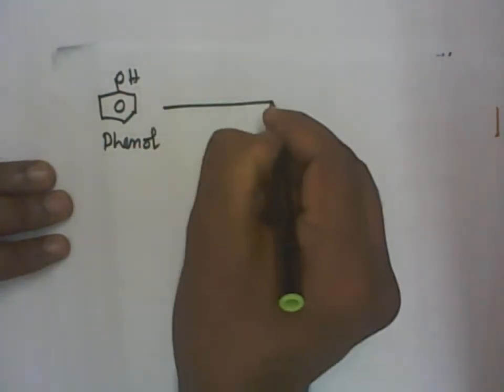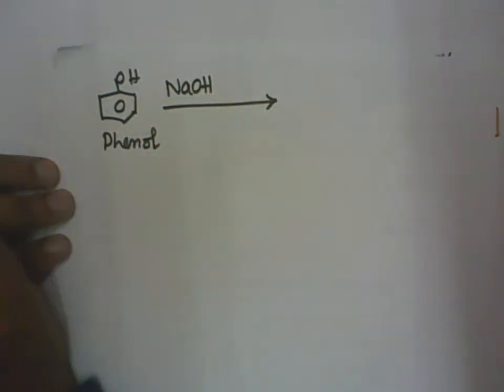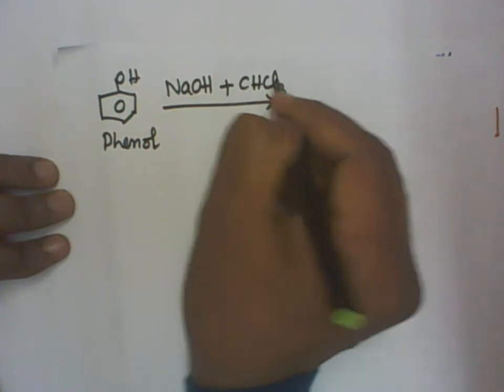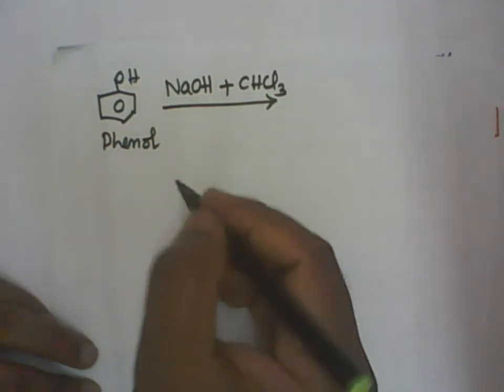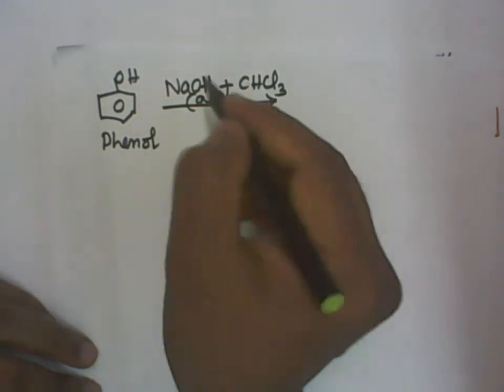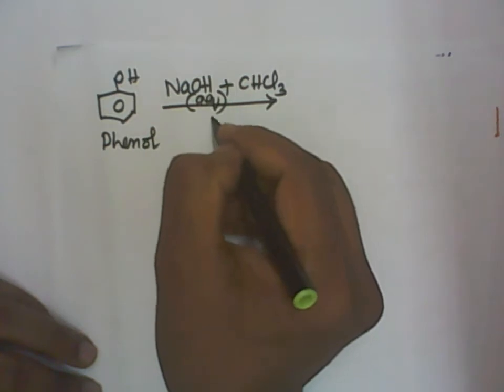Phenol reacts with, I'll write the two steps together, a mixture of sodium hydroxide and chloroform. And this sodium hydroxide is aqueous, which means it should be dissolved in water.